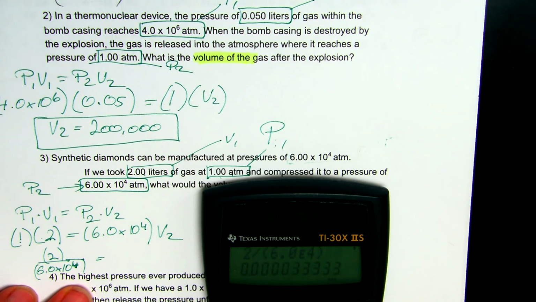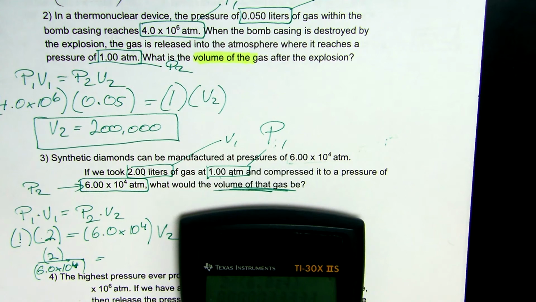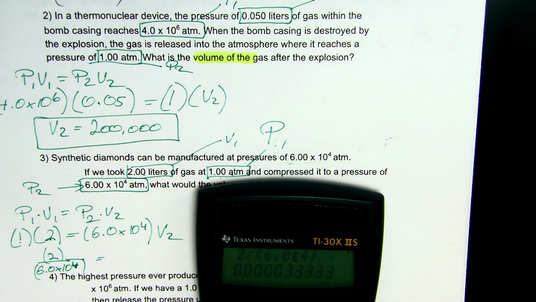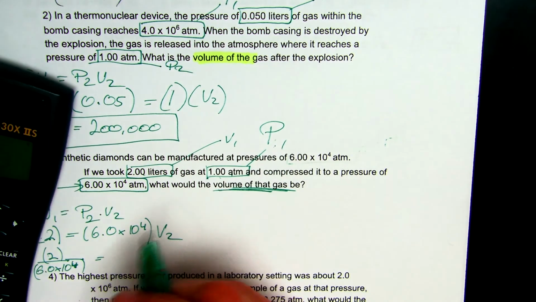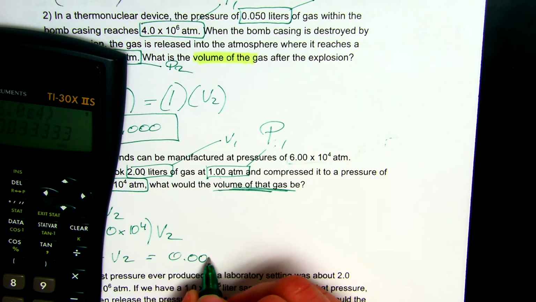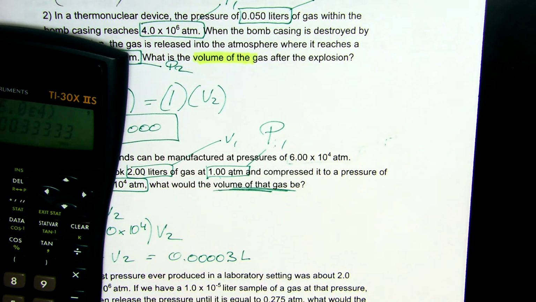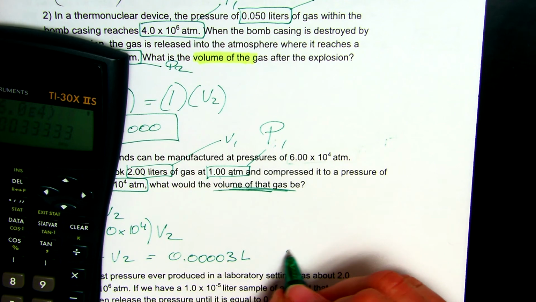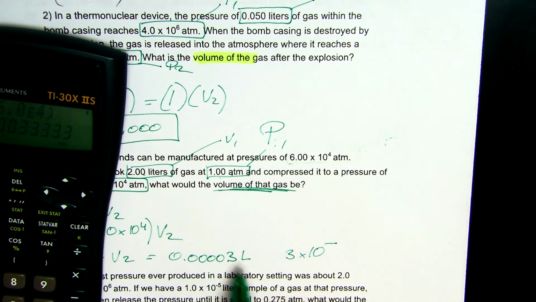Okay, so actually it's very, very small. The volume under that much pressure would be tiny. You can write down 0.00003 liters, or in scientific notation it would be 3 times 10 to the negative 5th, because it's smaller than 1.